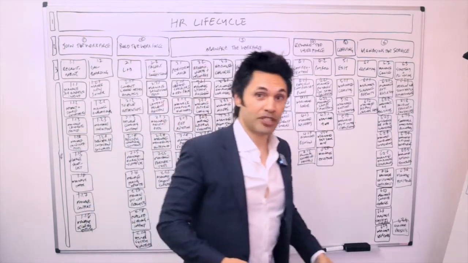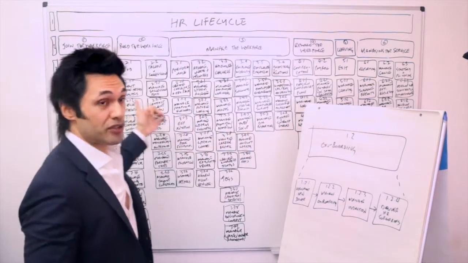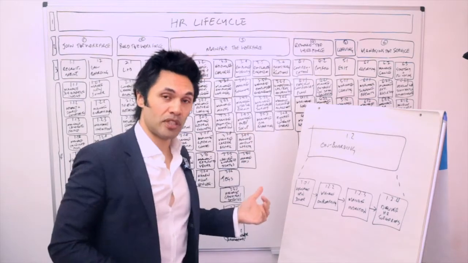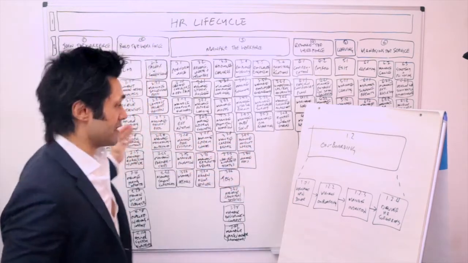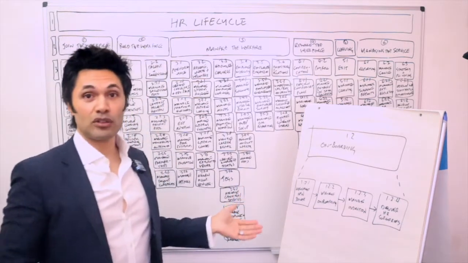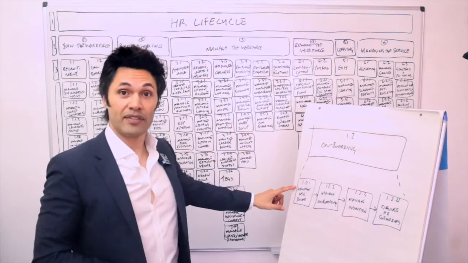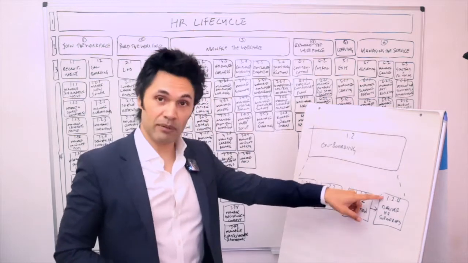What I've got on my flip chart is an example showing the relationship between each of the level 4 processes. I'm going to pick on the manage onboarding process as an example. The onboarding level 3 process has 4 level 4 processes. You can count them: 1, 2, 3, 4. And what that looks like if you do it another way, horizontally as opposed to vertically, we have our first 1.2.1, 1.2.2, 1.2.3, and 1.2.4.